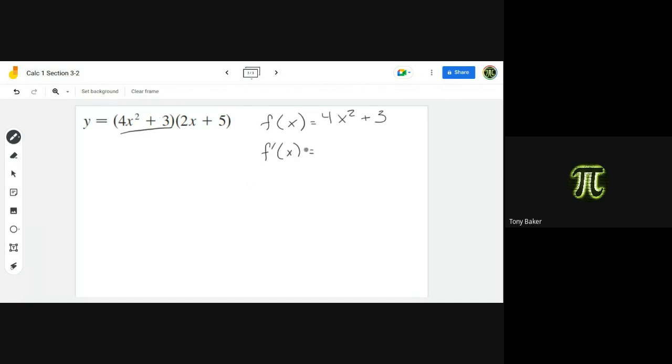What's f prime of x? Eight x. What's g of x? The derivative of g of x, g prime of x, is 2.